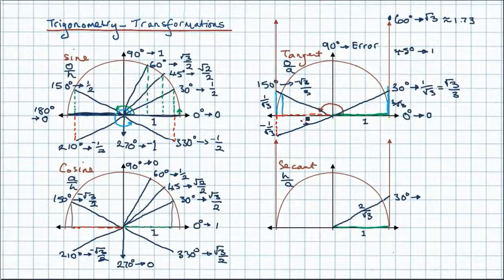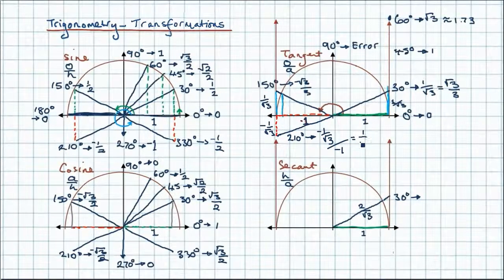So opposite over adjacent means we're going to get a value of not -√3 for 210 degrees. 210 degrees is going to map onto -1 over √3, the opposite, divided by -1, which will give us a negative divided by a negative.